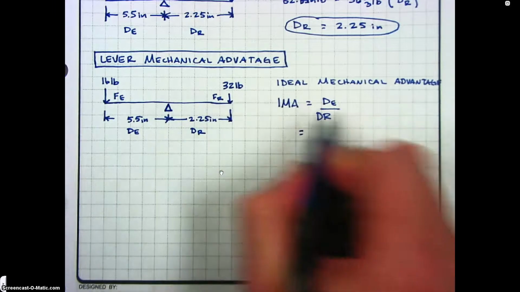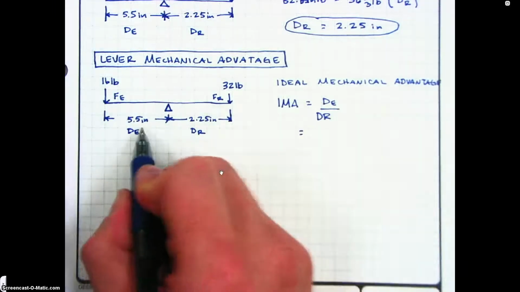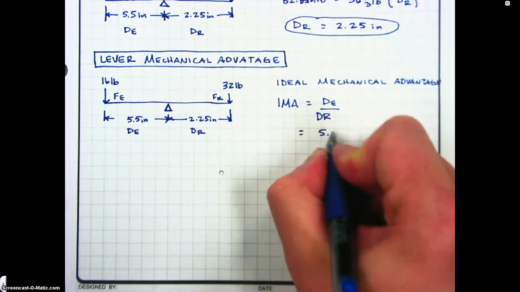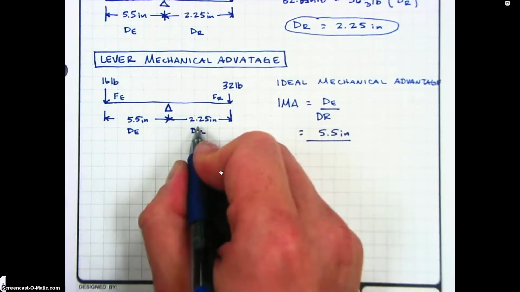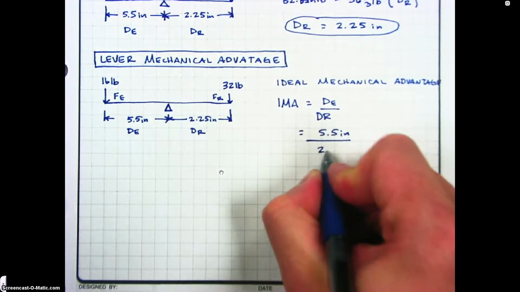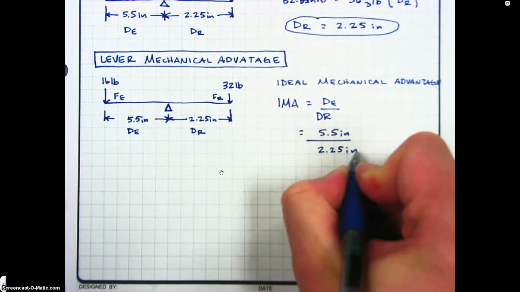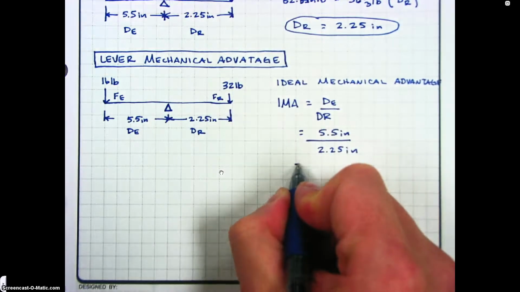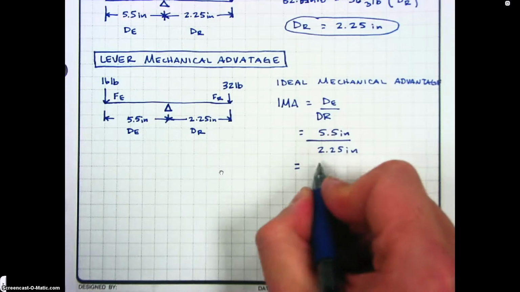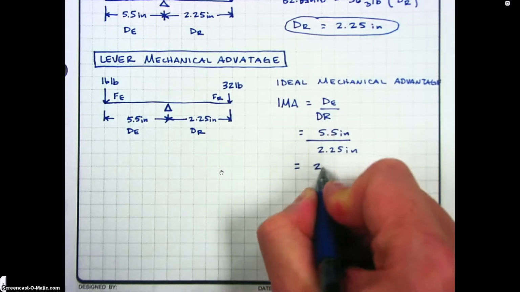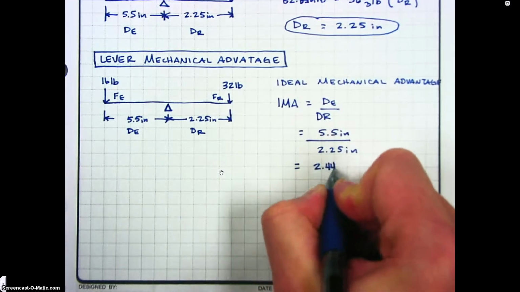So the distance of the effort in this case is 5.5 inches divided by the distance to the resistance, 2.25 inches, and we get an ideal mechanical advantage of 2.44.